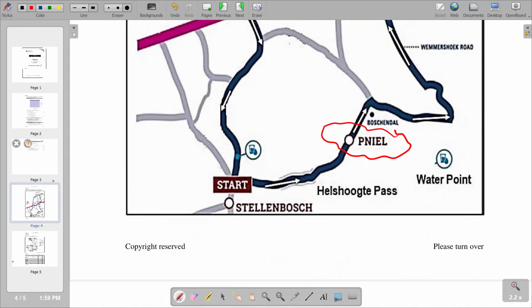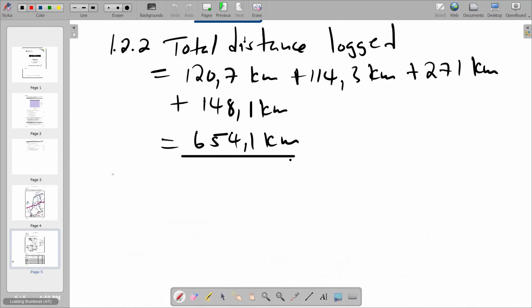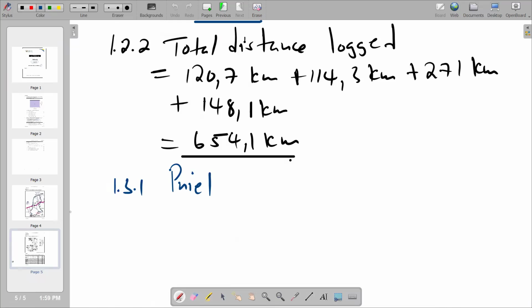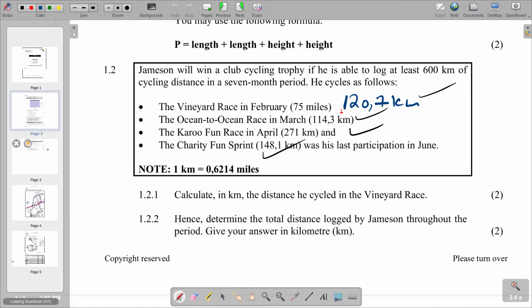So we can just indicate our Pinel, which is going to be 1.3.1. We have Pinel. Obviously, it is indicated in capital letters, whereby we say Pinel.